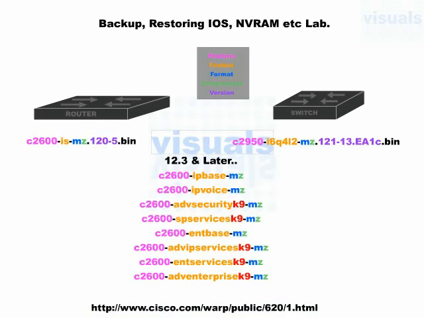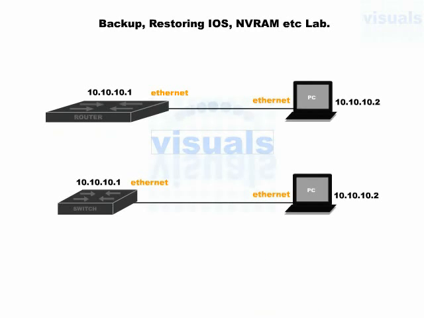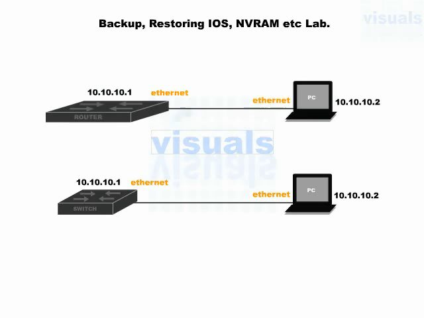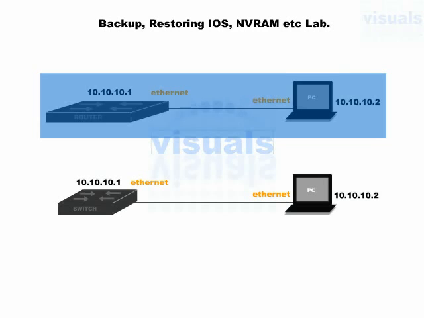Okay, now let's move towards setting up a TFTP server. Before you install any TFTP server, you must configure your router or your switch in this way. You must use an Ethernet port, and both IP addresses must belong to the same subnet. Like the router configured with 10.10.10.1 and the PC configured with 10.10.10.2.